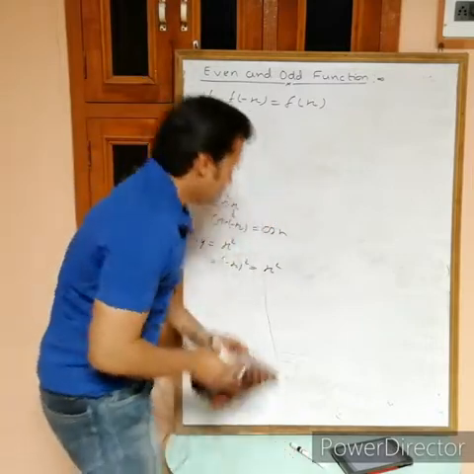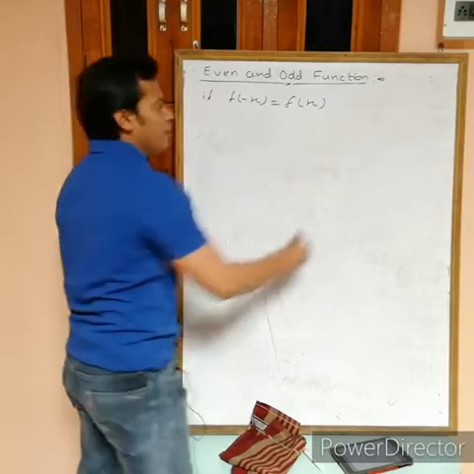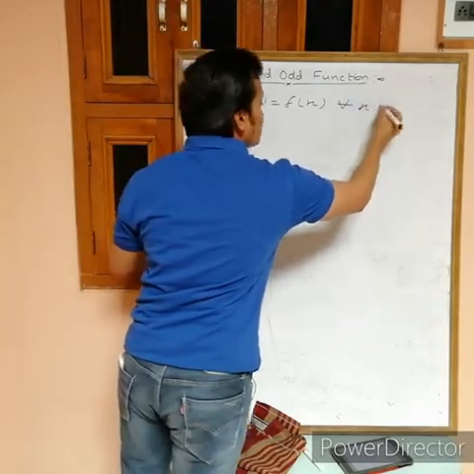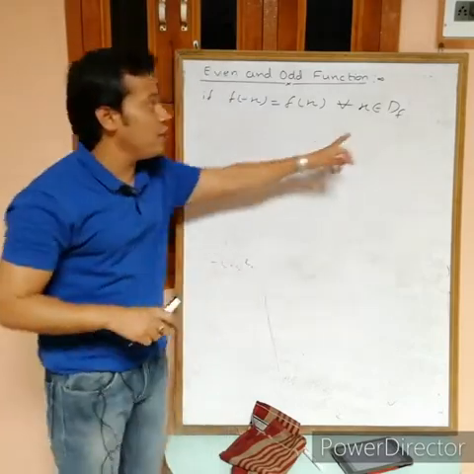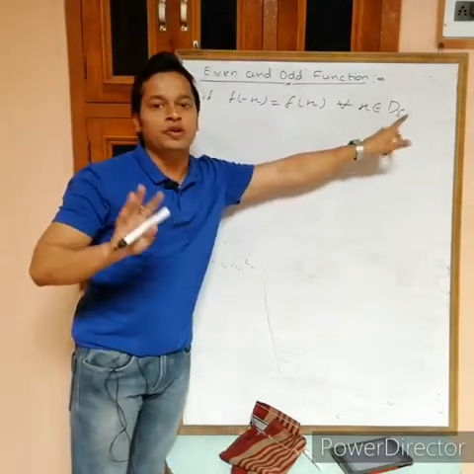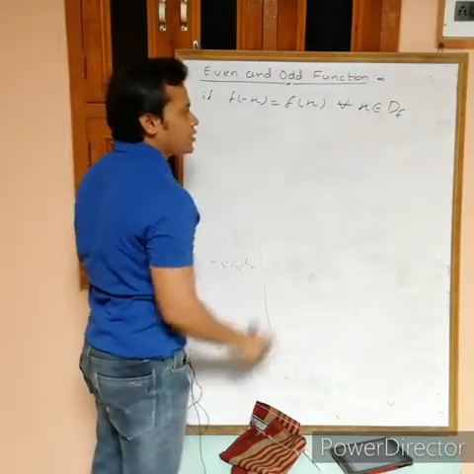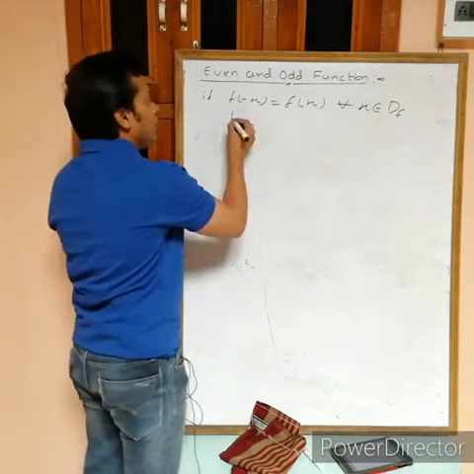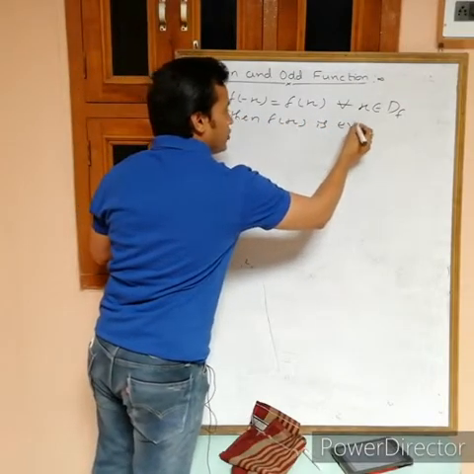So if f of minus x equals f of x for all x belonging to the domain of f, this must be satisfied for all values of x from the domain of f, then f of x is an even function.